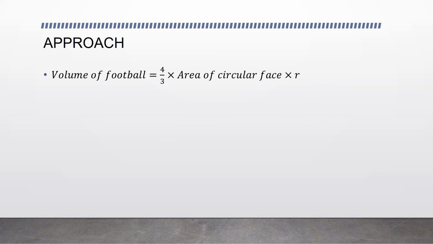Please note the volume formula for any sphere: 4/3 the area of the circular face times the radius. To substitute, of course, we use pi as 22/7 for this calculation. Radius is 11 centimeters for the ball.